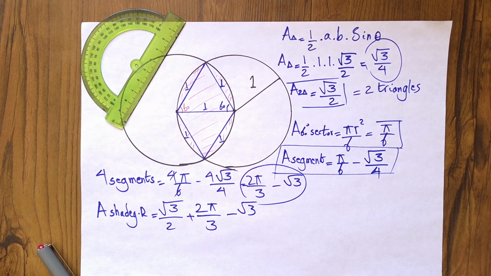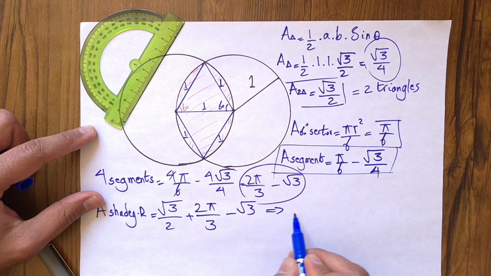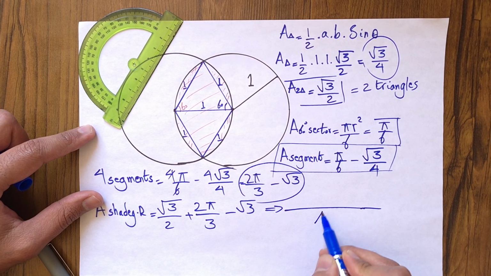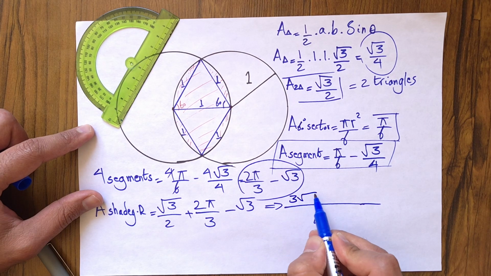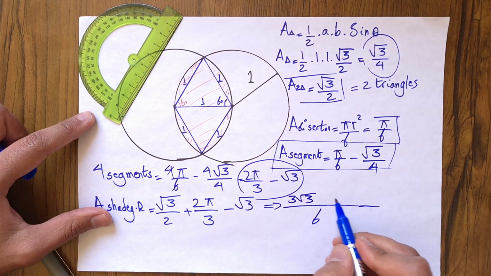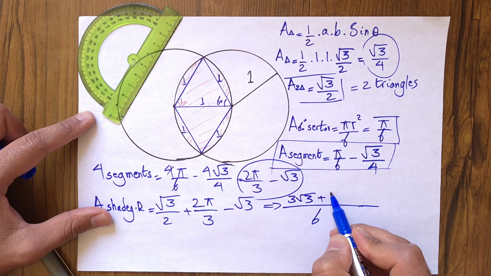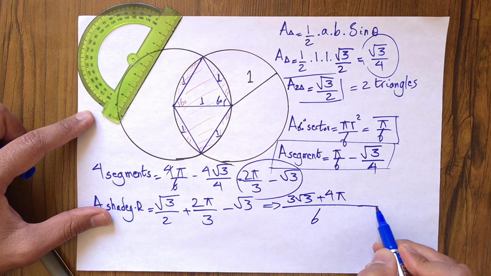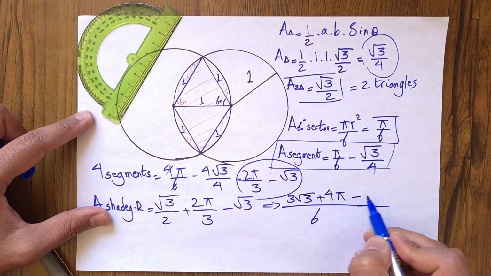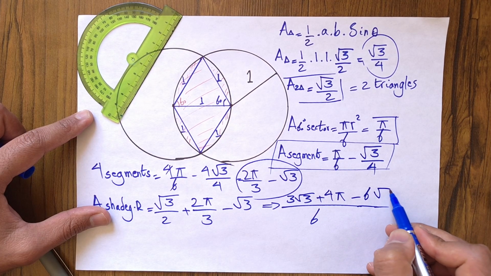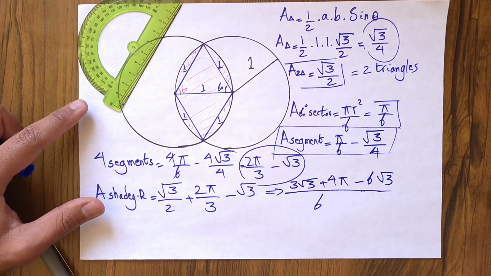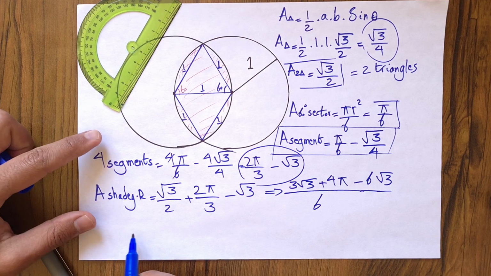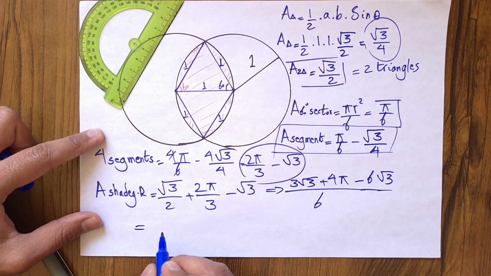The rest is just calculation. Let's find a common denominator here. The common denominator is 6. So 3 root 3 plus 4 pi minus 6 root 3. Let's simplify the numerator now.